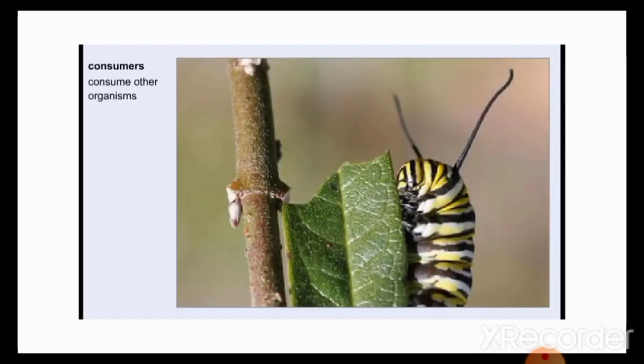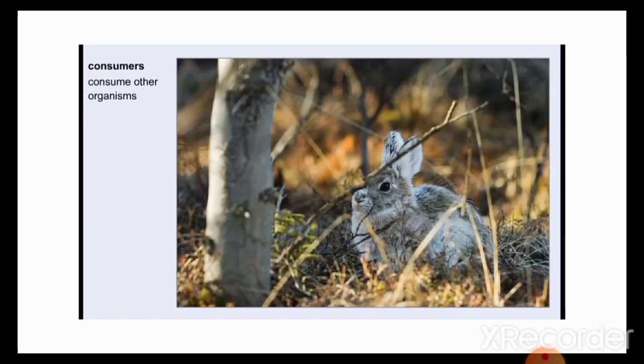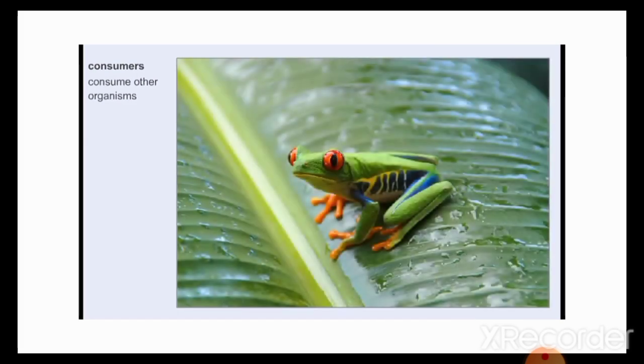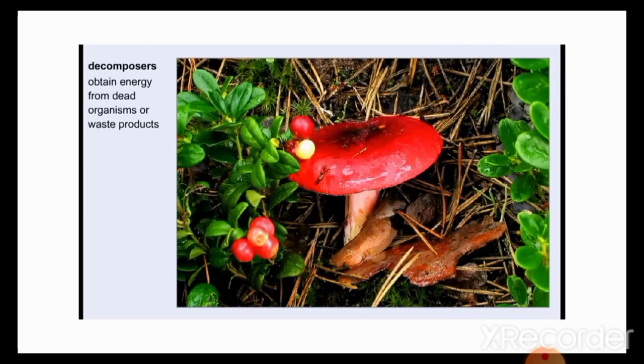Consumers consume other organisms as food. Some consumers eat parts of an organism, such as leaves or fruit, while other consumers will eat a whole organism. All animals are consumers. Decomposers get their food from breaking down the matter in dead organisms or waste products.